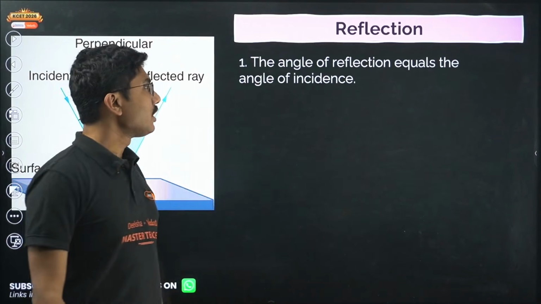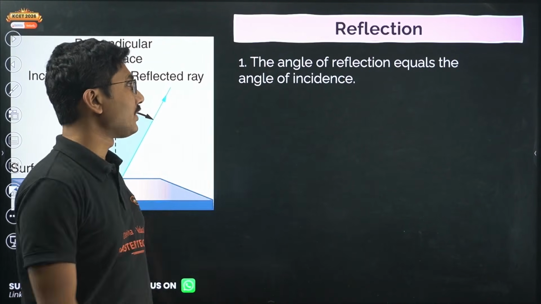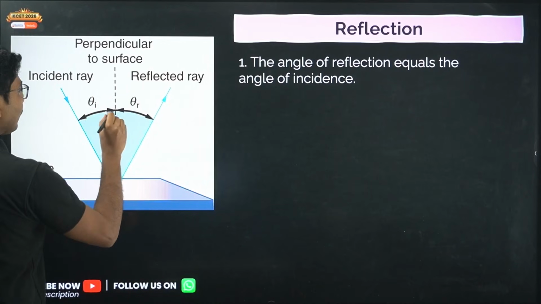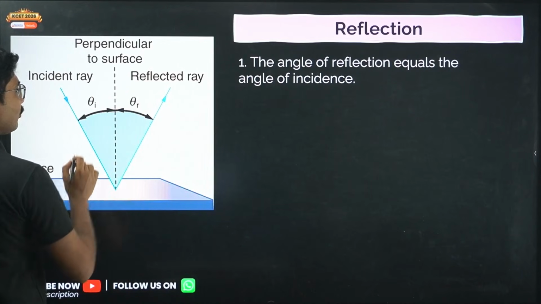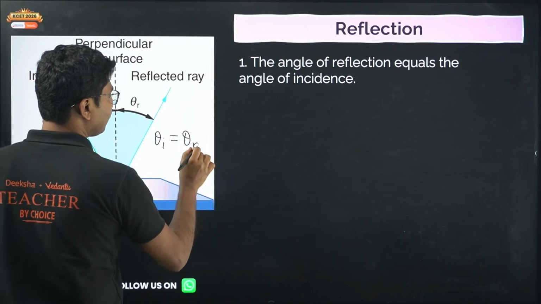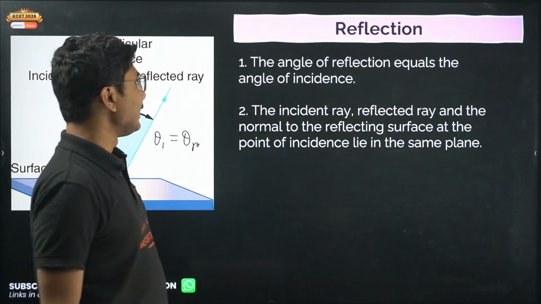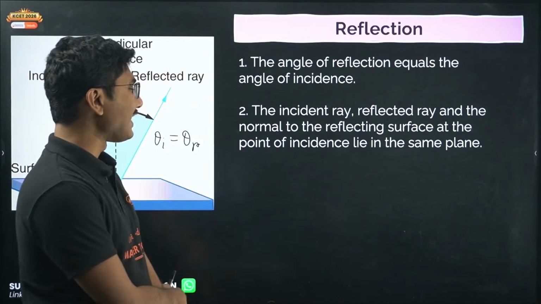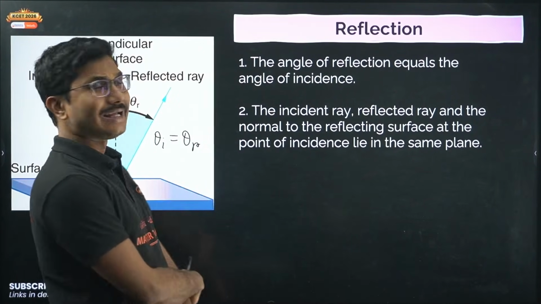What are those two laws? The first law is that the angle of reflection equals the angle of incidence. If you see in this diagram, this is the angle of incidence, this is the angle of reflection, and they should be equal. So theta I should be equal to theta R. Next, the incident ray, the reflected ray, and the normal to the reflecting surface at the point of incidence lie in the same plane.